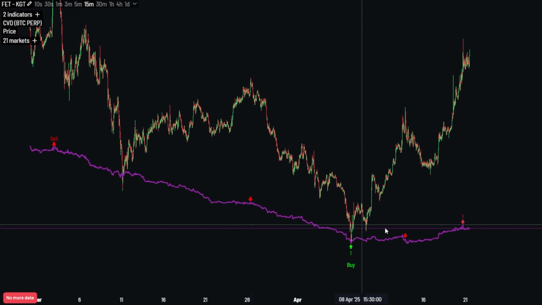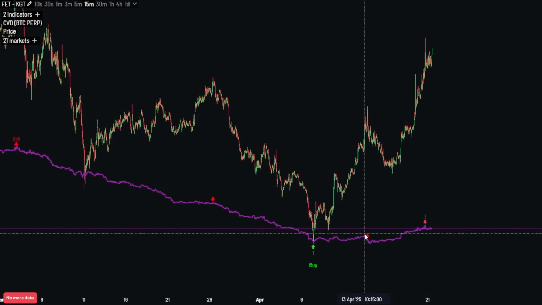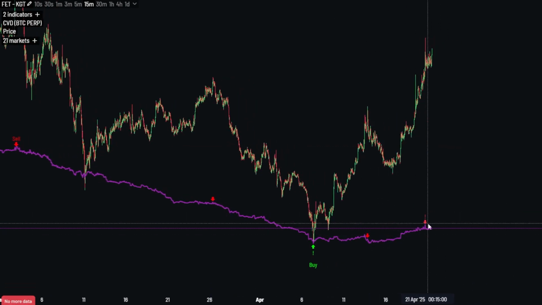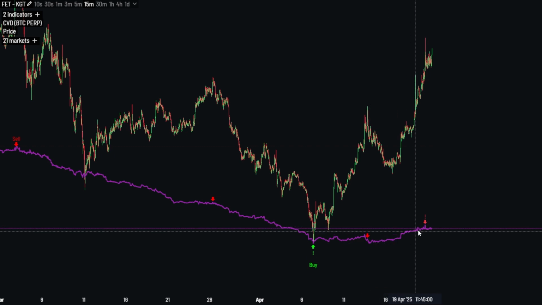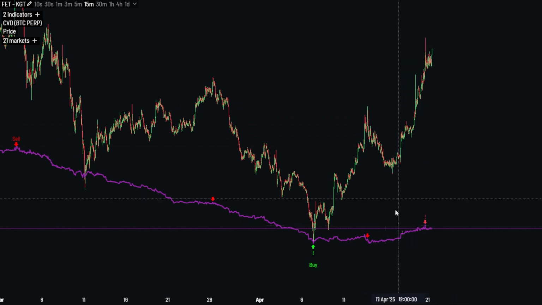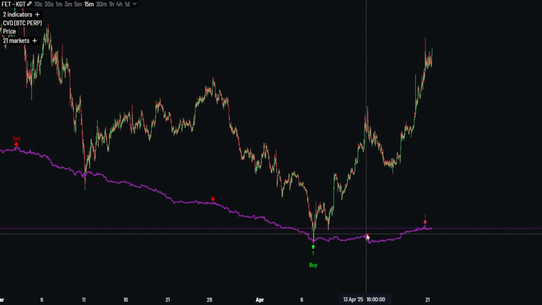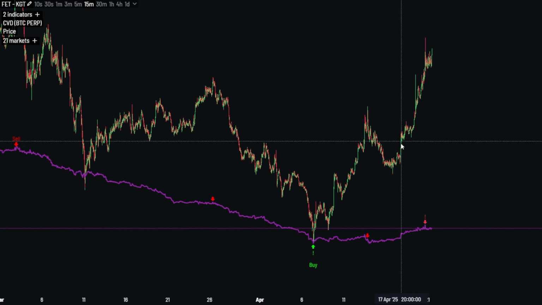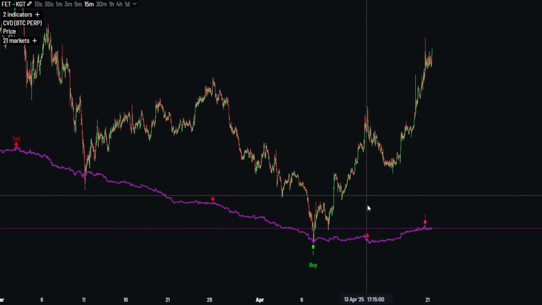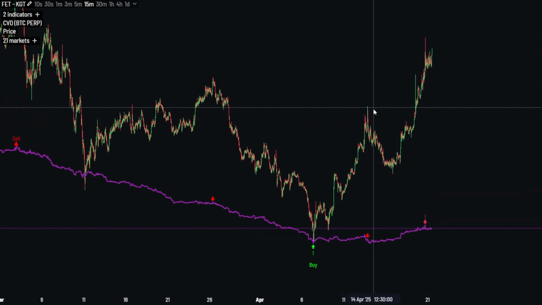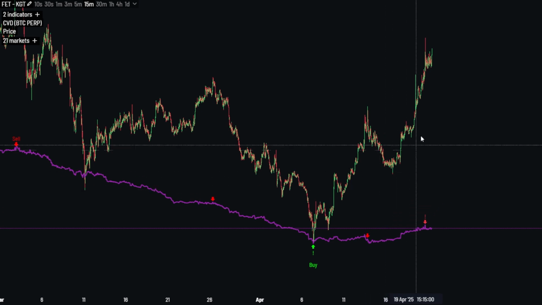you can see that you have invalidated this bearish signal. We're looking that the CVD line is moving toward the upside here, taking this high. And also the price action is in divergence with the CVD line, meaning still looking for higher.